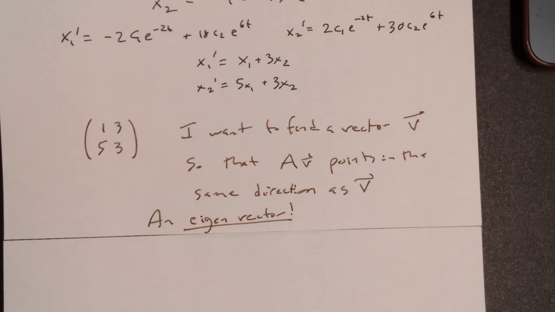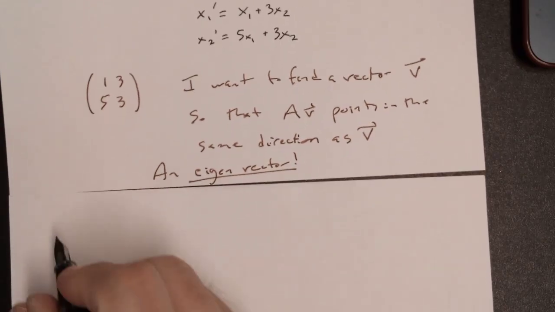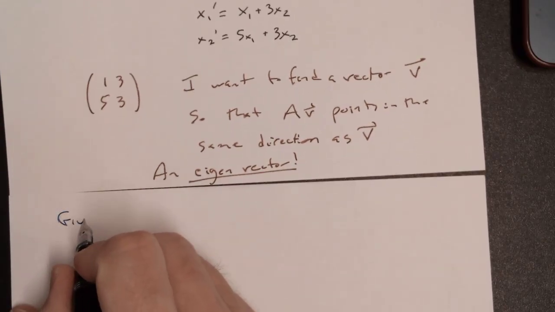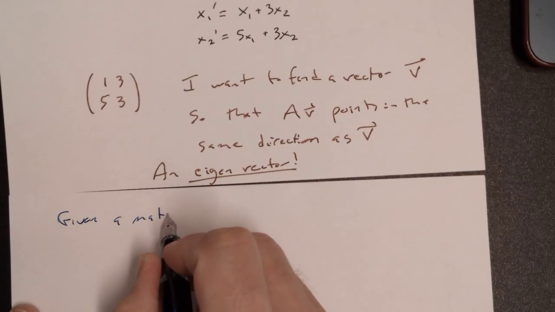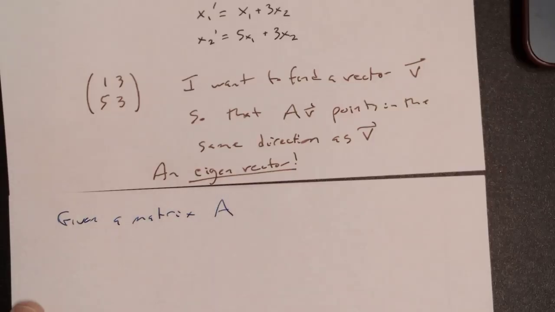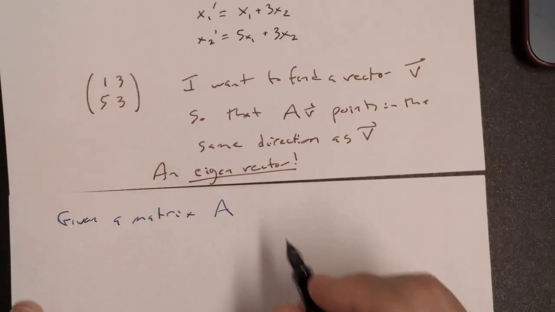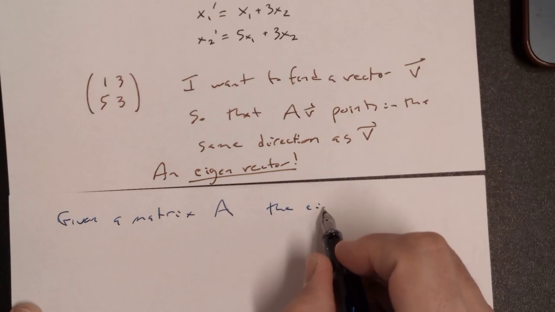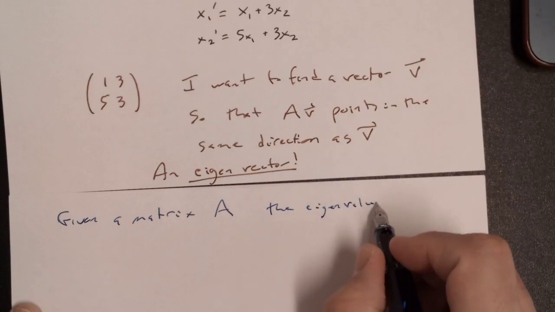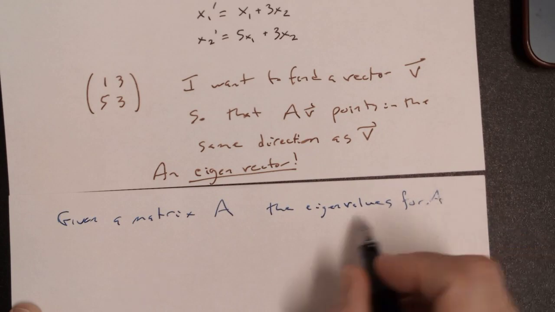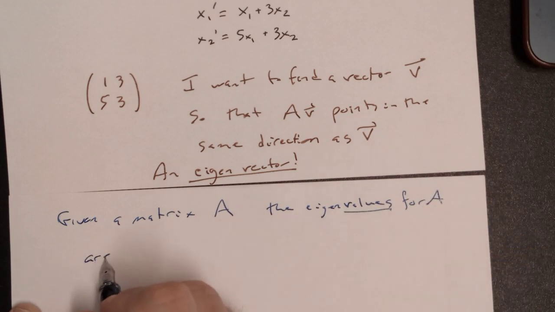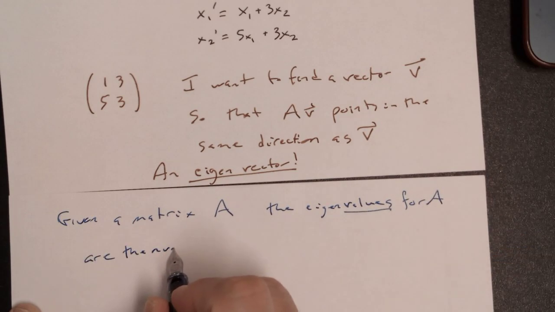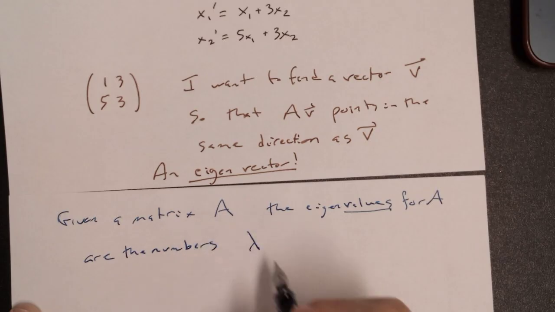Back to linear. Given a matrix A, the eigenvalues for A are the numbers lambda, and I apologize, that's been the letter for an eigenvalue for decades. I'm not going to change it on you.